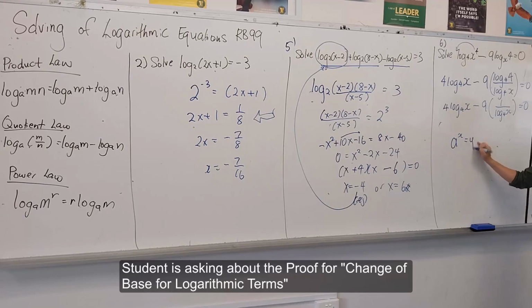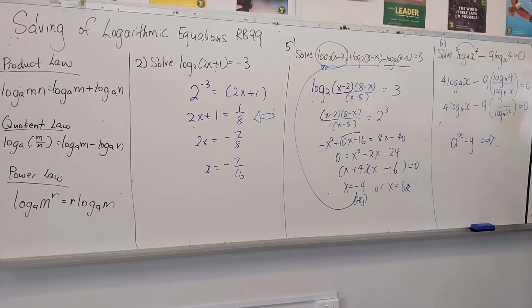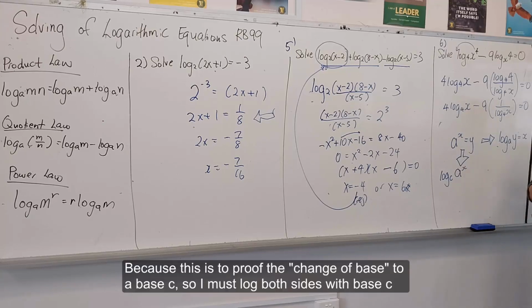A power x equals to y. The first thing we can do is, I change it to a logarithmic form, right? What will I get? Log base a y equals to x. I also can log both sides. I need to change it to log base c. I purposely log both sides to prove something later.